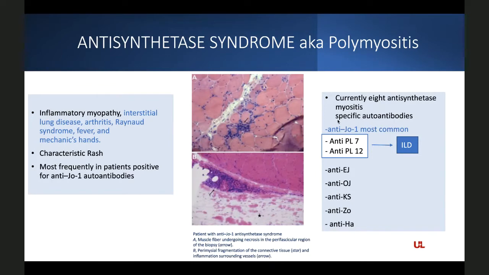Out of them, at least we need to remember the first 3 and their different presentations. PL7 and PL12 are high risk for interstitial lung disease as compared to others. And again, with the histology, we do see perivascular changes, muscle fiber necrosis, and some inflammation in the perimysium, and inflammation around the surrounding vessels as well.